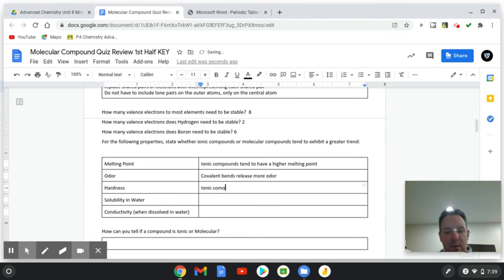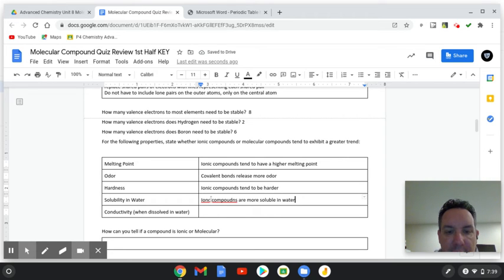Ionic compounds tend to be harder. So it's harder to grind up an ionic compound because the bonds are stronger. Ionic compounds are more soluble in water.